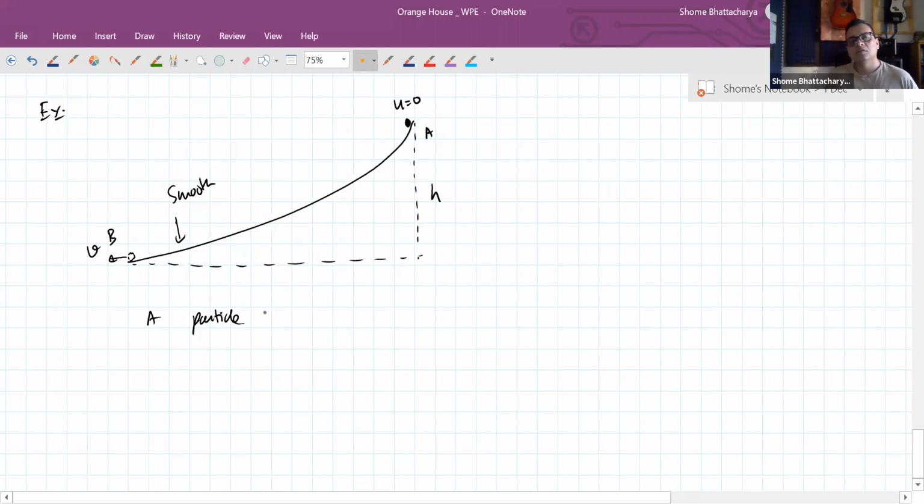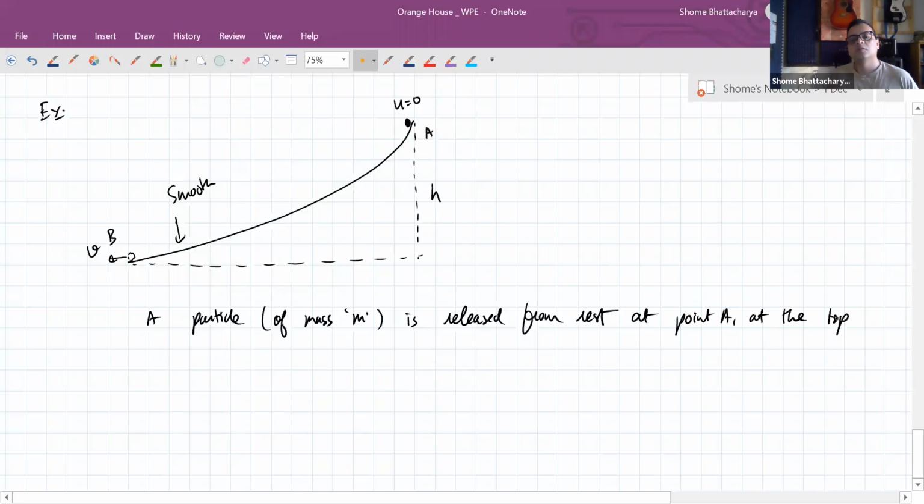So a particle of mass m, let us say, is released from rest at the point A, at the top of a smooth curved surface as shown.